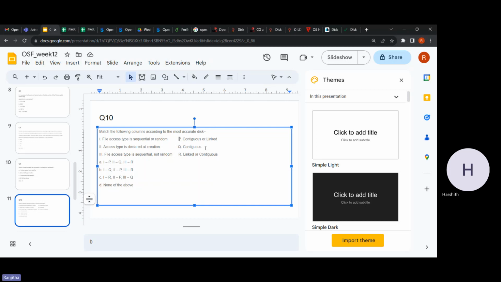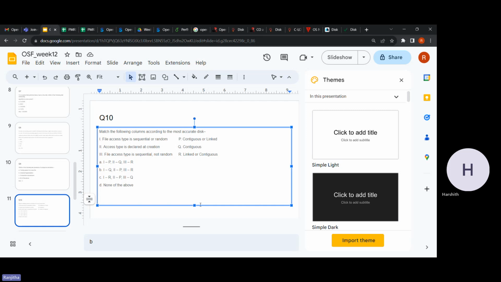Access type is declared at the creation, then contiguous or linked allocation is used. And if file access type is sequential but not random, then linked or contiguous allocation is used.